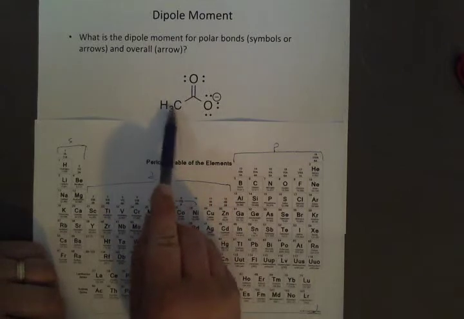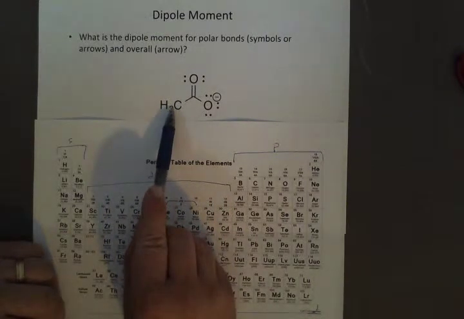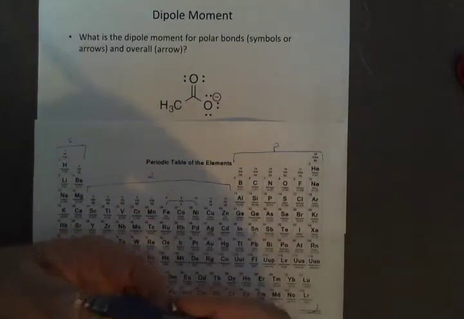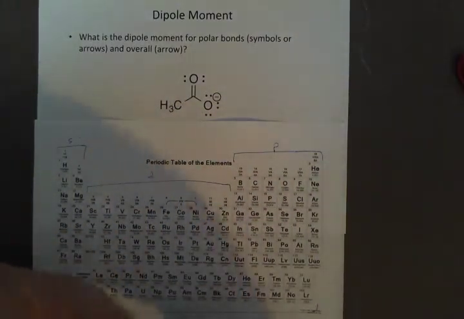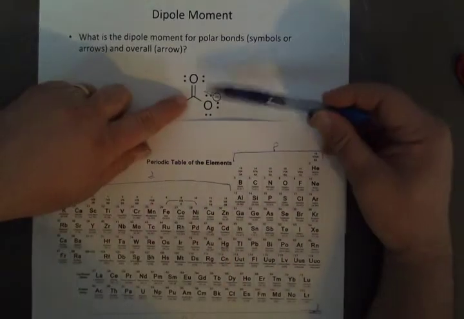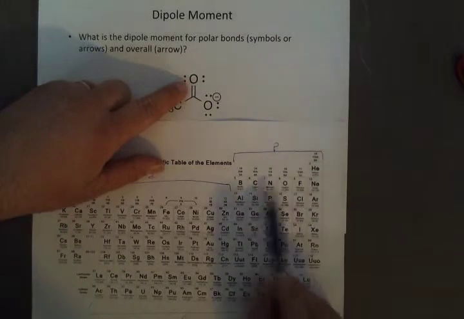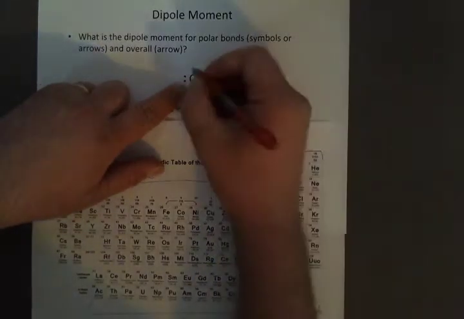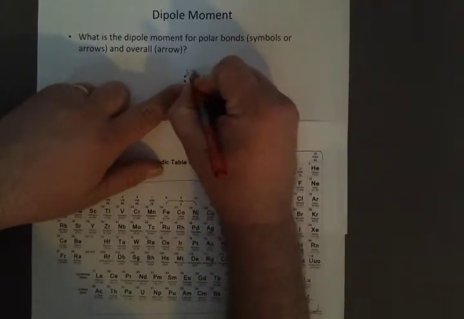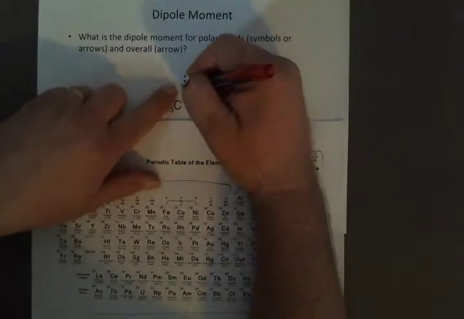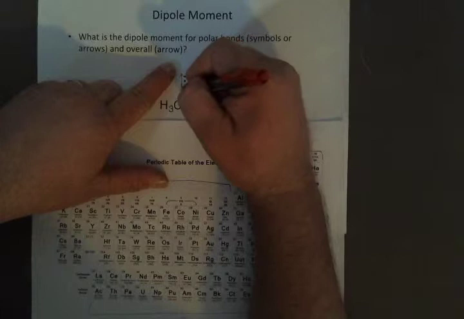Carbon-hydrogen bonds are considered just regular covalent bonds. Carbon-carbon bonds are covalent. Anything that bonds to itself is considered just a plain covalent, because there's no difference between the 2. But for carbon and oxygen, this is going to be slightly more negative and this is going to be slightly positive, so the arrow would go like that.